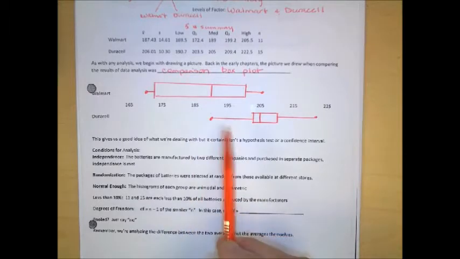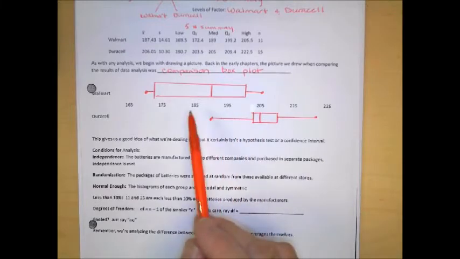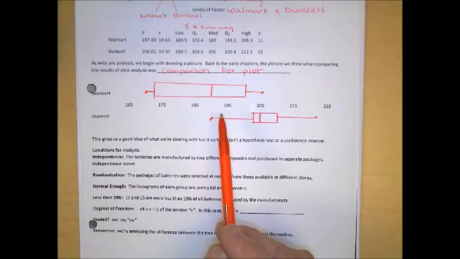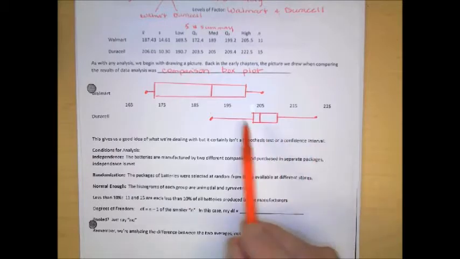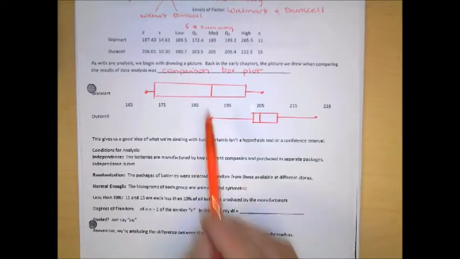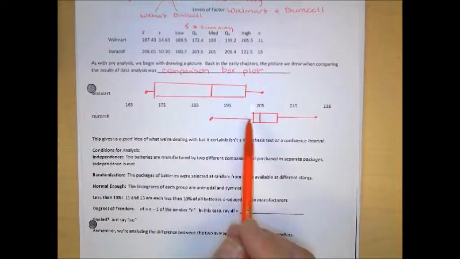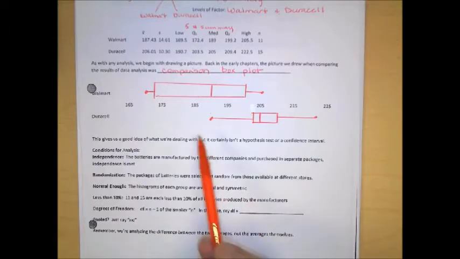These aren't perfect. Remember, they never are. But is the median somewhere near the middle of the box? Yes, on both of them. And is the variation on both sides somewhat similar? Yes. So we don't reference a histogram because we don't have one, but we do say that the box and whisker plots are both somewhat symmetric.